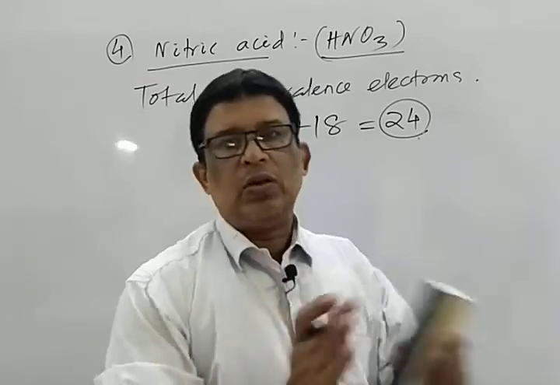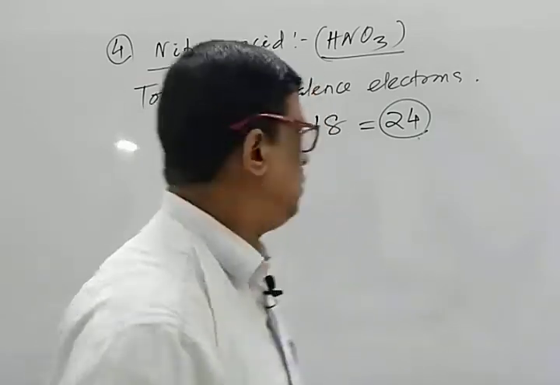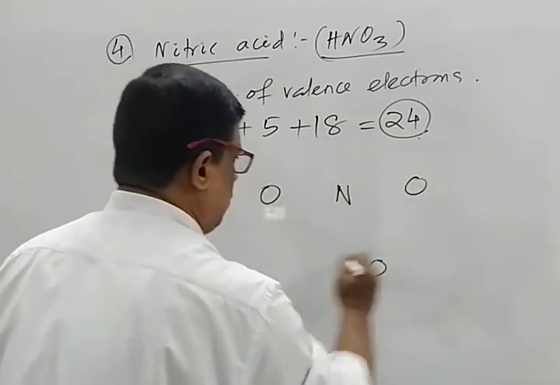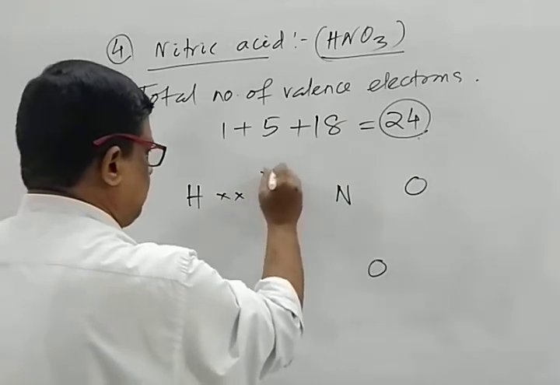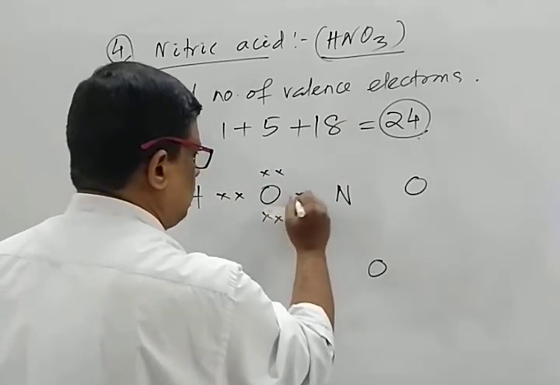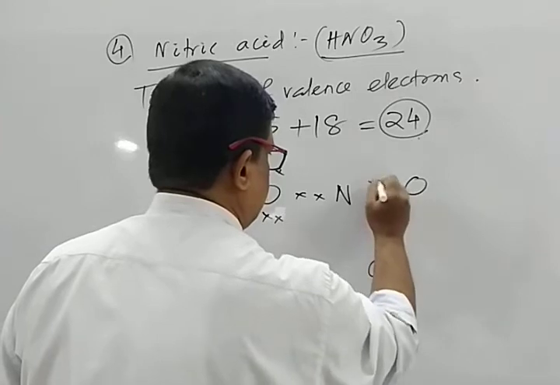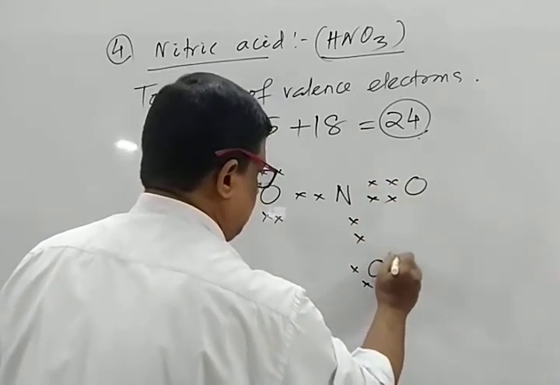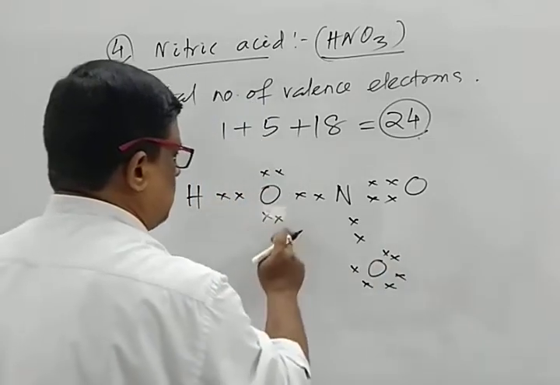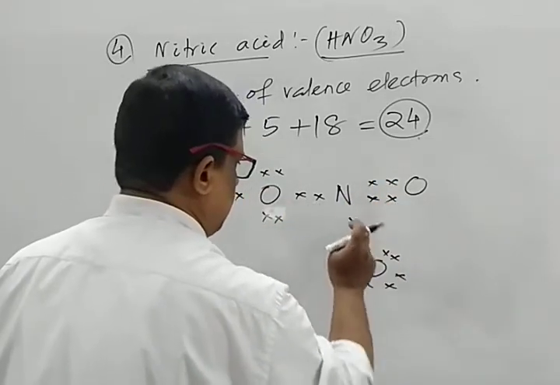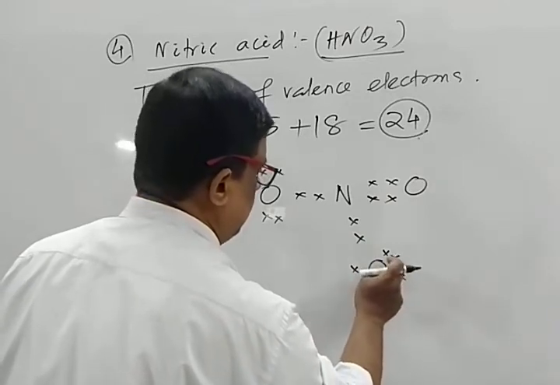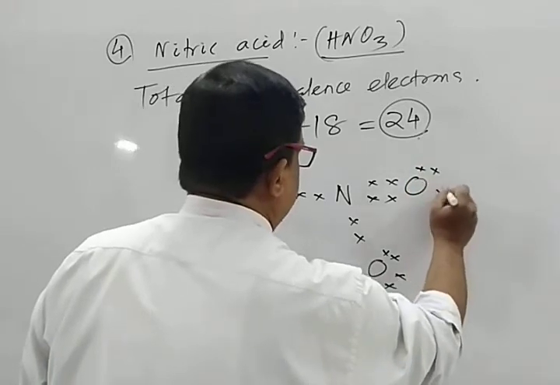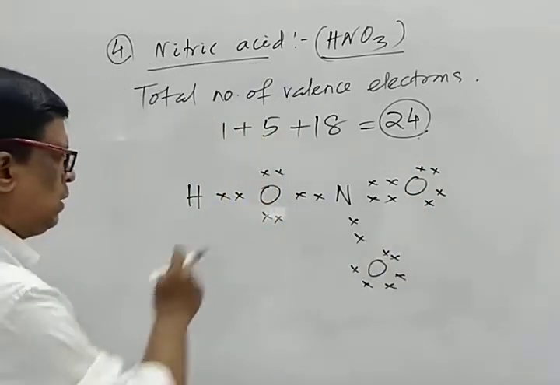They have to be arranged. So then we go through a skeleton arrangement: H, O, N, O, O. Mark that. Count 1 to 24. Mark that.